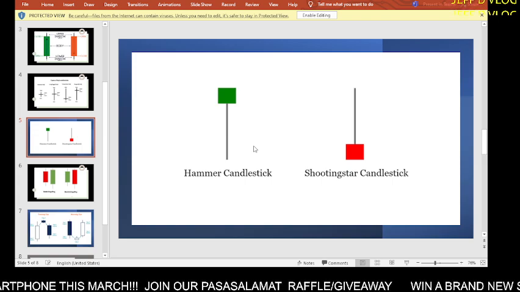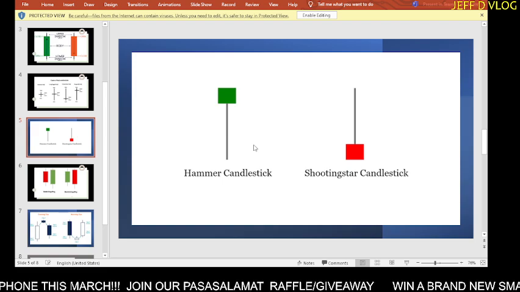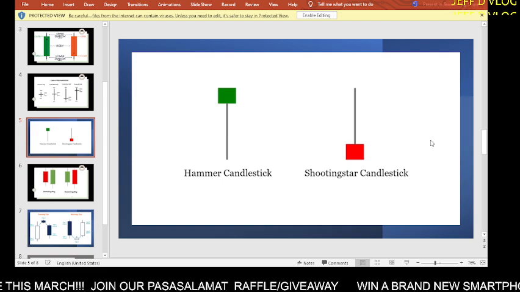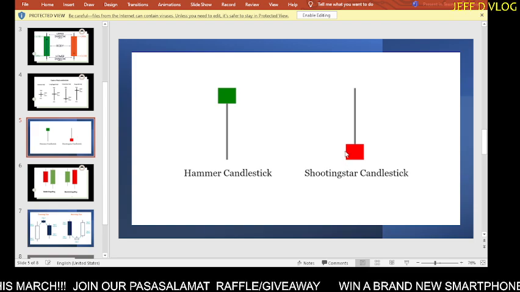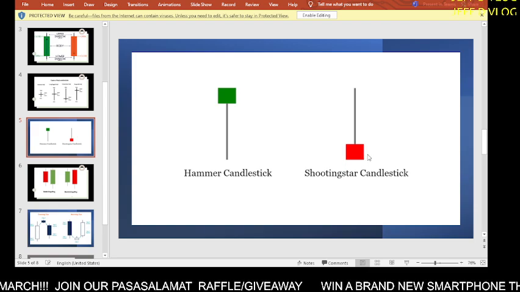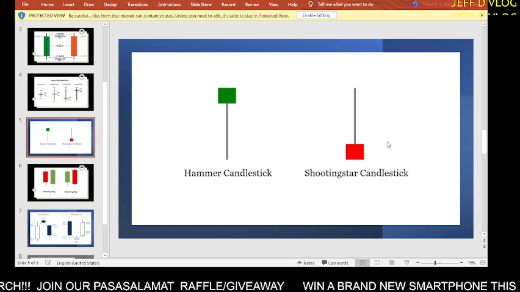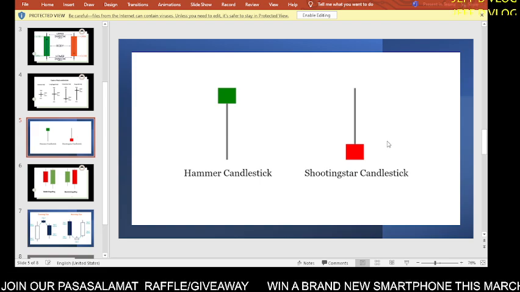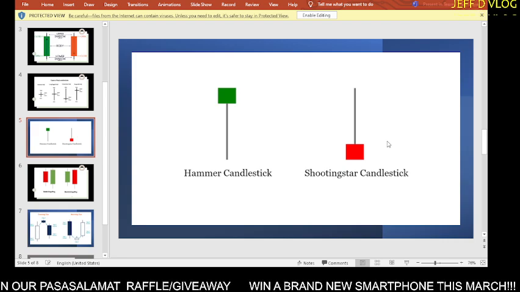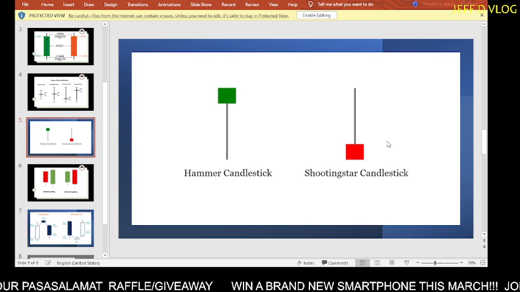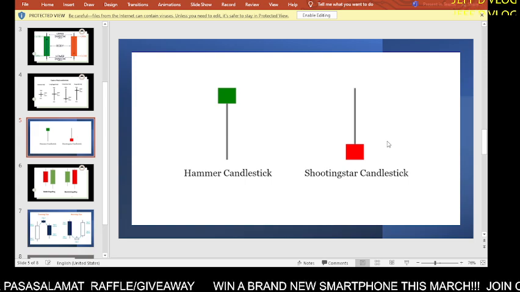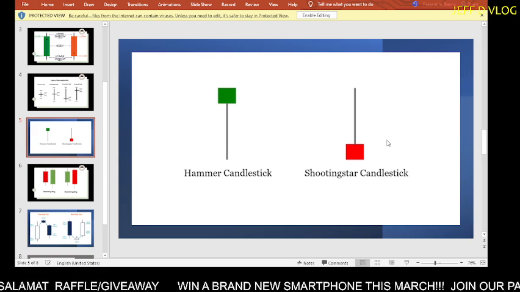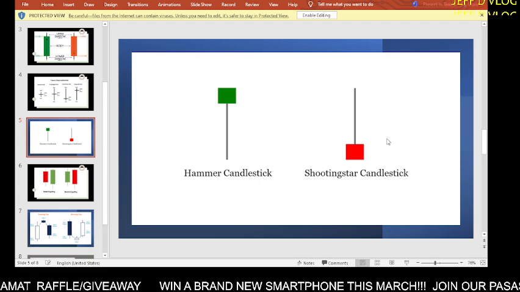The shooting star, on the other hand, we should not confuse ourselves, because it is the inverted hammer. Both appear the same. At the peak of an uptrend, the shooting star is typically considered a bearish indicator.